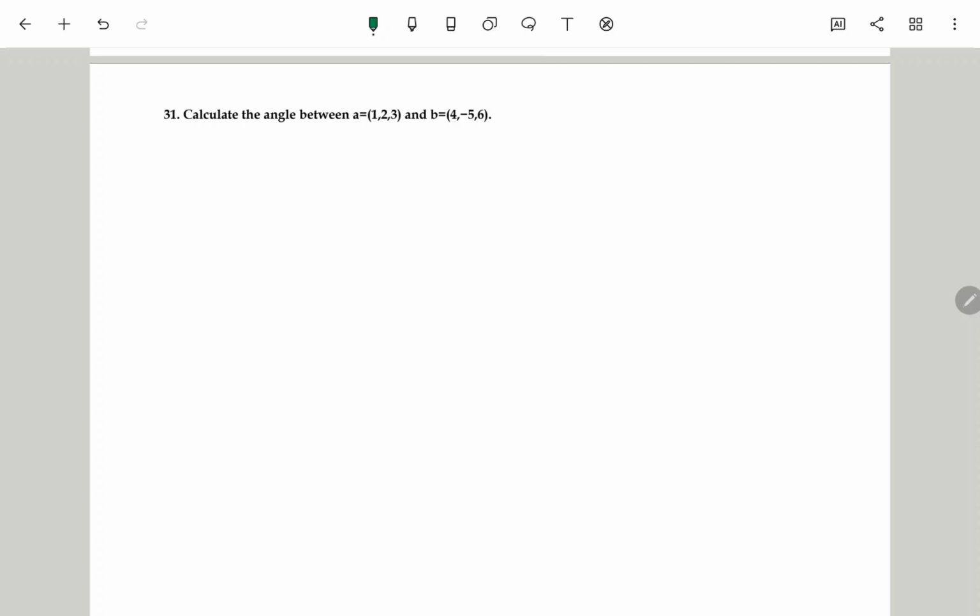Same as the previous example, but in this case we need to calculate the angle between these two vectors. Again, A as a vector equals 1i hat, 2j hat, 3k hat, and B as a vector equals 4i minus 5j plus 6k. To find the angle between these two vectors, remember A dot B equals magnitude of A, magnitude of B, cosine theta.